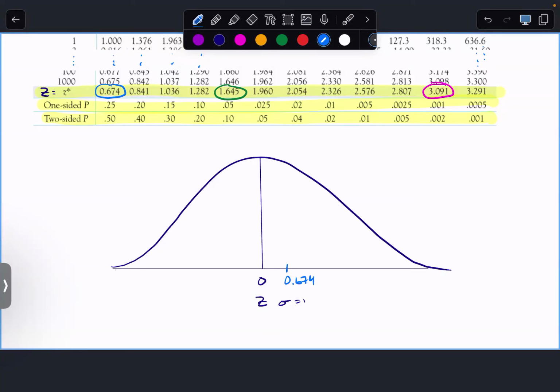What this table is telling me is that if I go up here this way, the one-sided P is really the one-sided probability. Okay. So one-sided P, where P is the probability.